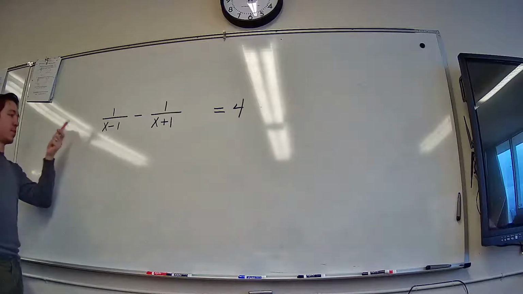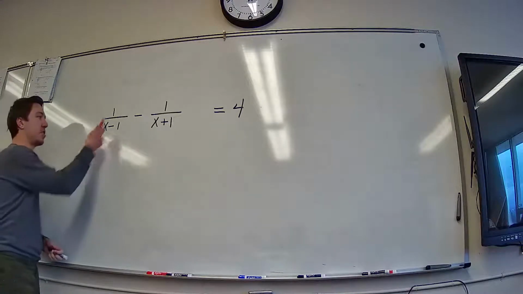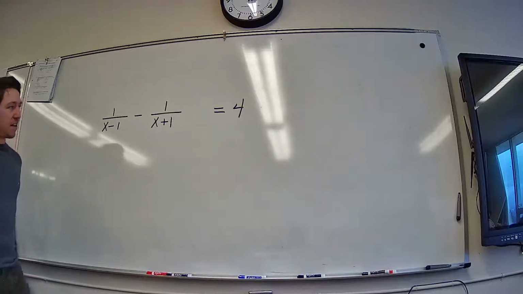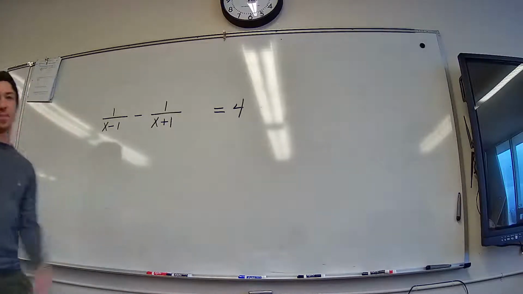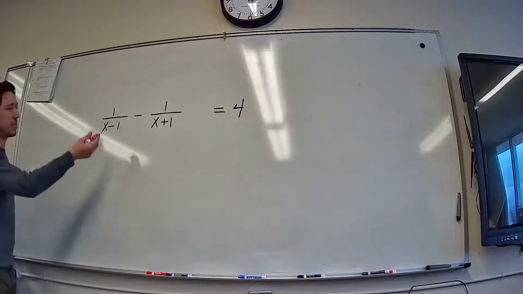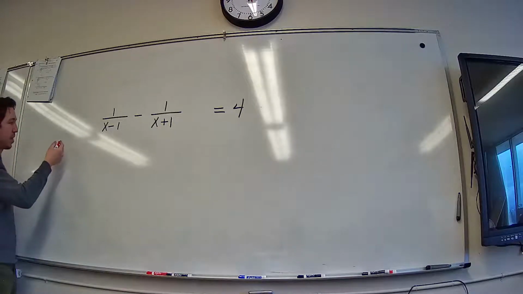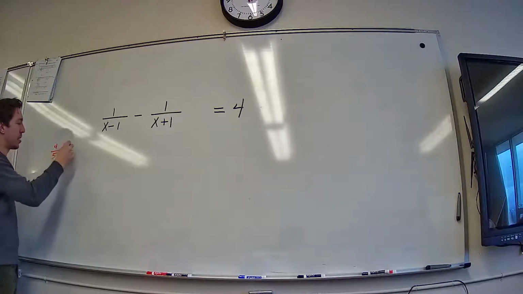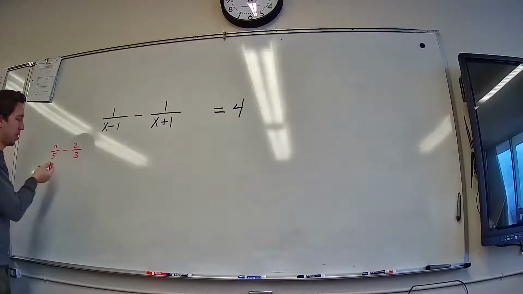All right, so here's the trick. Fraction minus a fraction. I guess you could think of 4 as a fraction, 4 over 1 if you wanted, but what I was going to get at is, what would you do if you had something like 4/5 minus 2/3?